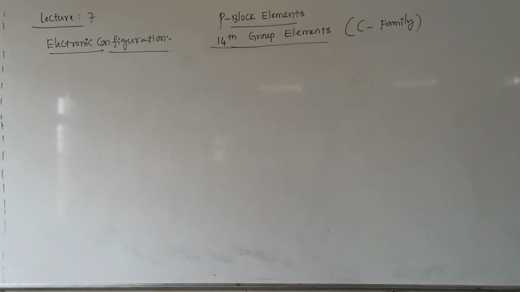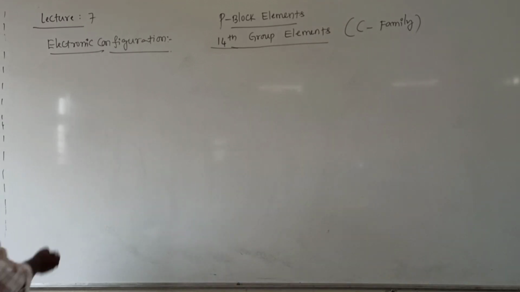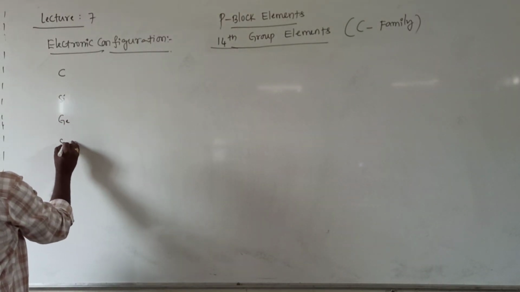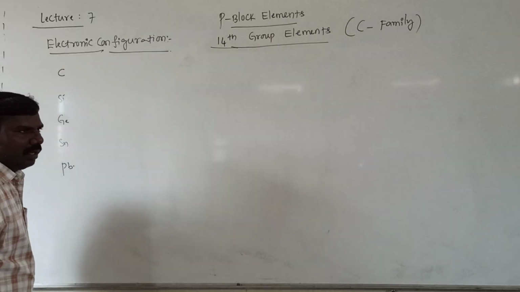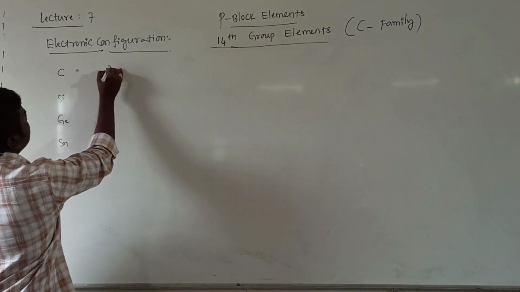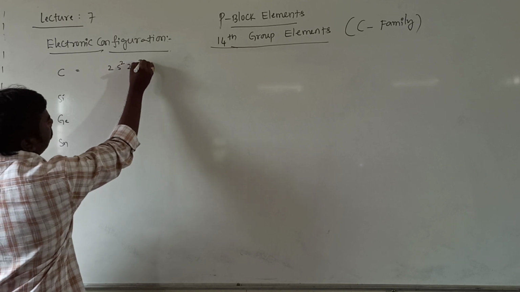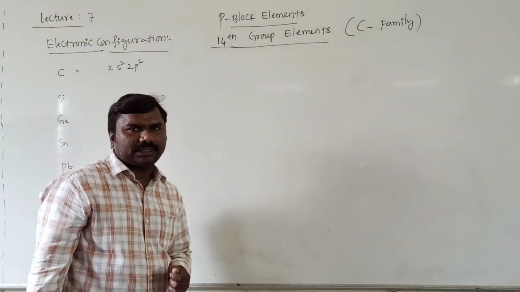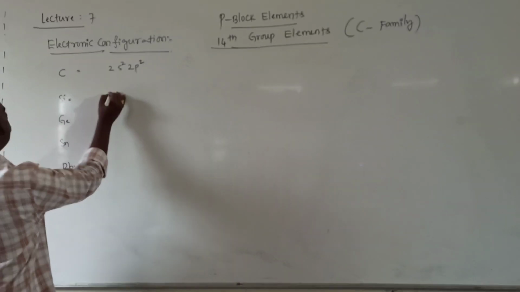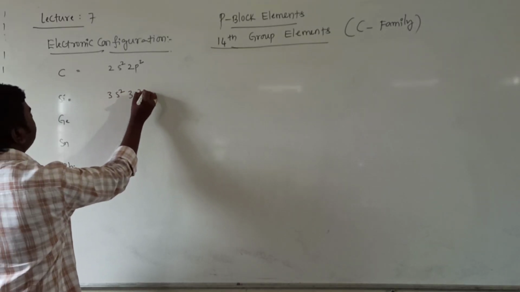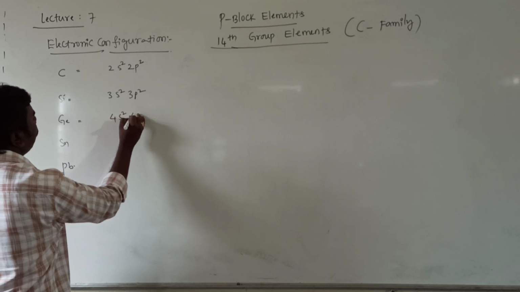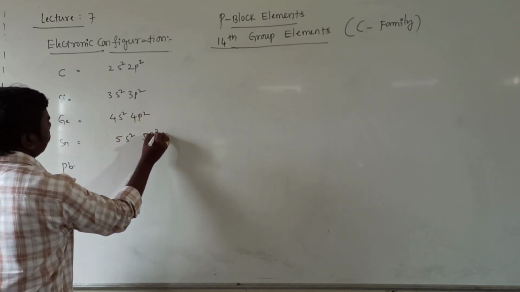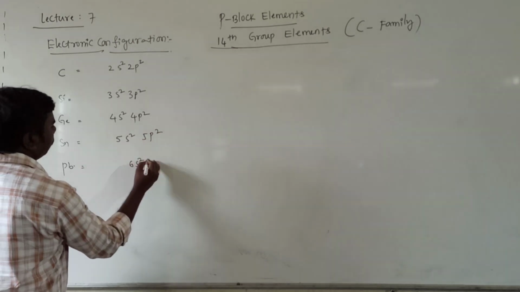Before entering into that, we should know the elements: carbon, silicon, germanium, tin, lead. Carbon configuration is 1s2 2s2 2p2, atomic number 6. Silicon is 3s2 3p2, germanium 4s2 4p2, tin 5s2 5p2, lead 6s2 6p2.